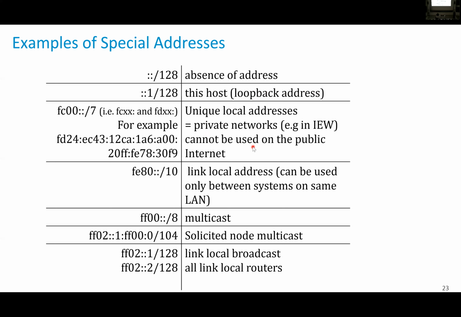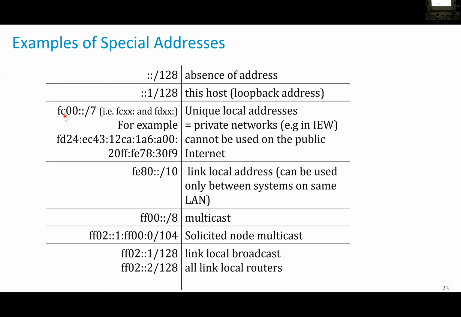Then there are so-called unique local addresses that are the private addresses corresponding to the 10 dot something that I've shown before, and that start with this prefix here, FC/7, which means FC or FD.